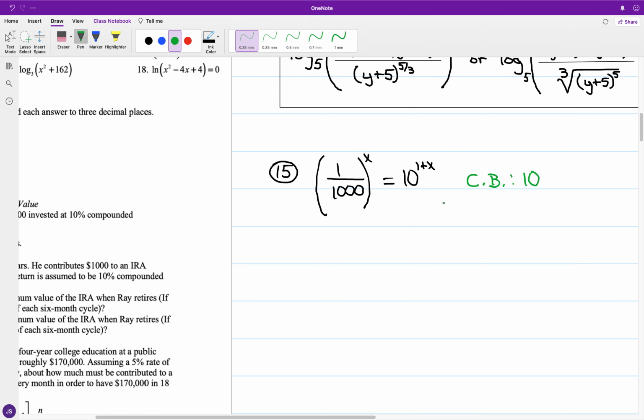We have this base on the right hand side of the equation. Now for 1 over 1,000, 1,000 is both a multiple and an integer power of 10. So 1,000 is going to be 10 raised to the third, since it takes 3 tens to multiply out to 1,000.